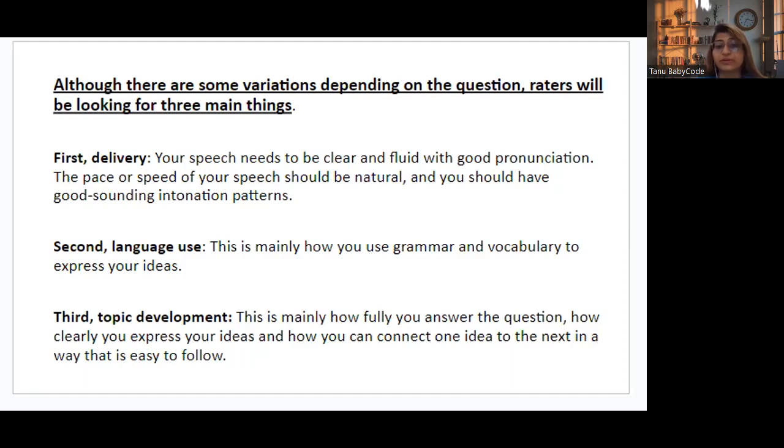Third is topic development. This is mainly how fully you answer the question, how clearly you express your ideas, and how you can connect one idea to the next in a way that is easy to follow. So you are able to connect your ideas, your flow of ideas is clear or not, it is understandable or not. So these are the three main things that the raters are looking for.